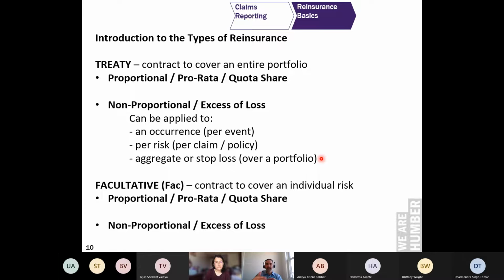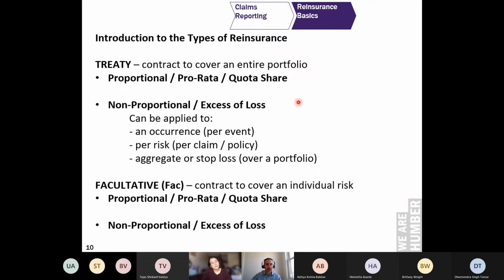So they'll take that next layer of claims that the insurance company has over a whole portfolio. We don't talk too much about this one. That's more complex. And there's other scenarios too, but the idea is the company is going to keep an agreed amount, and then anything in excess of that amount is covered by the reinsurer.